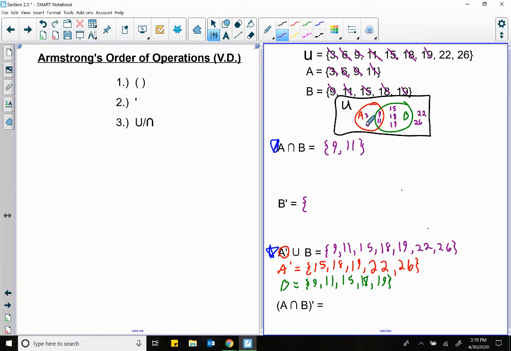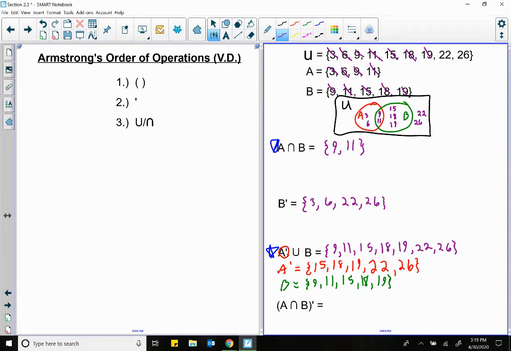Well, that's 3 and 6, and 22 and 26. Those are all the numbers not in my green circle. And that's what a complement is. It's like we snapped them out of existence. So there's the answer. This is the complement of B because 3, 6, 22, and 26 are not in the circle B.